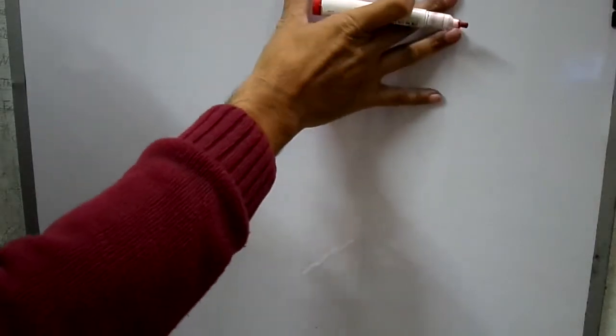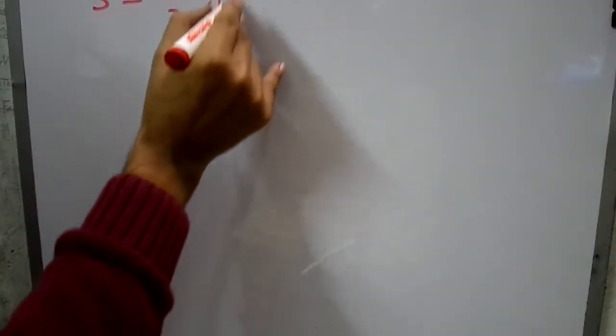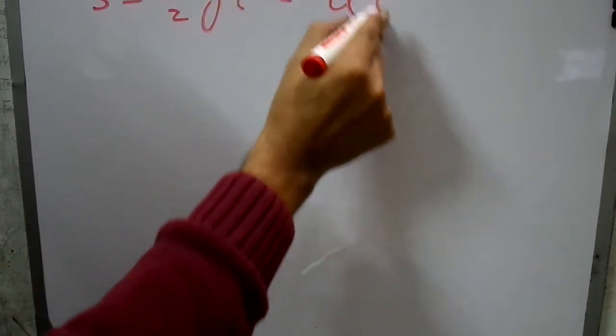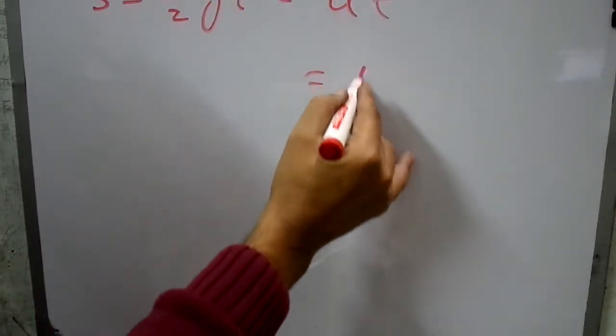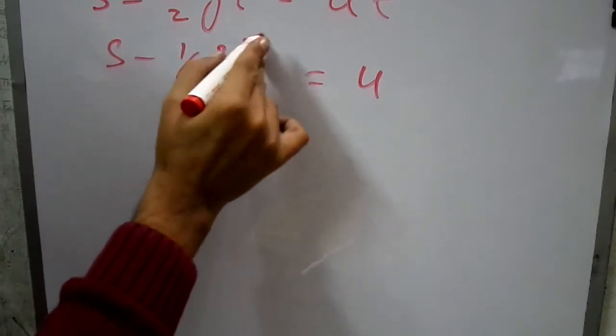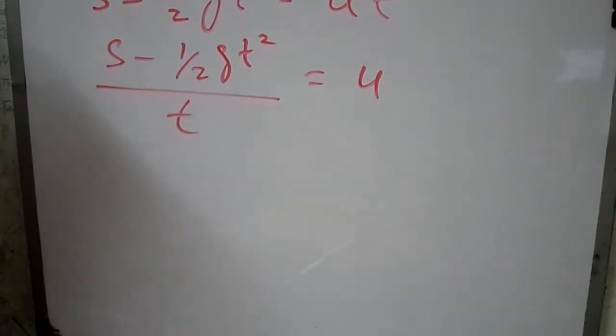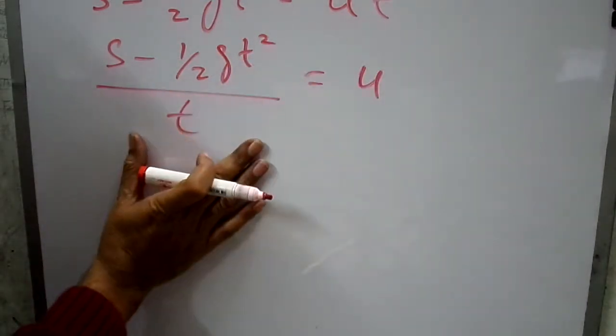So we have to find the value of U. U we have to make as a subject. So shift here, S minus 1 by 2 GT square is equal to UT. But you need the value of U. So S minus 1 by 2 GT square divided by T. So it is a verified form.